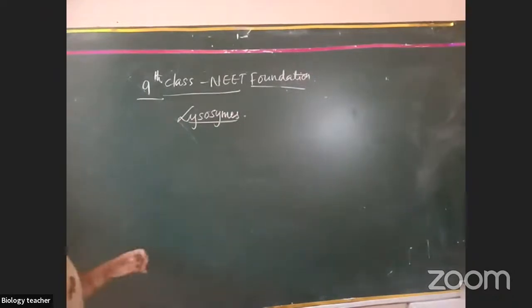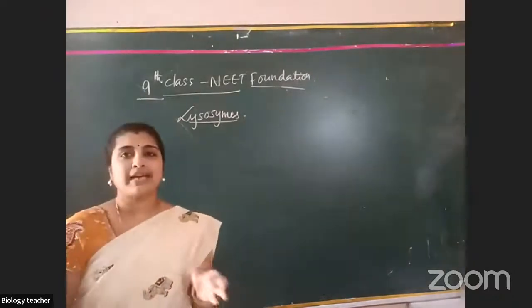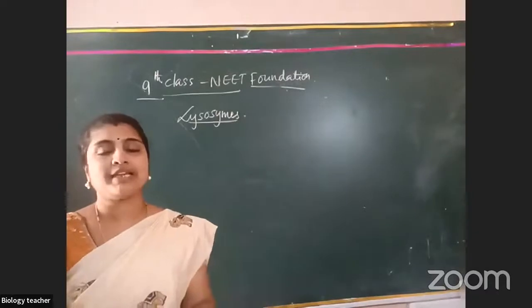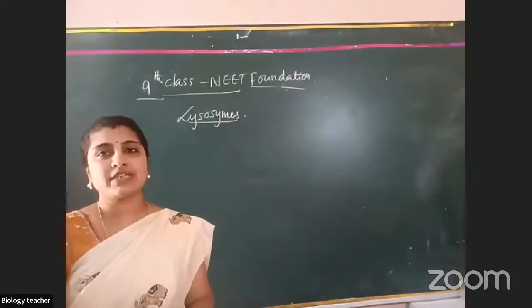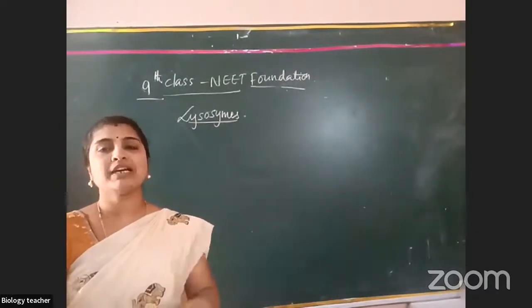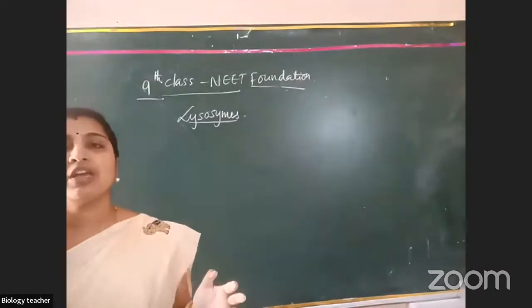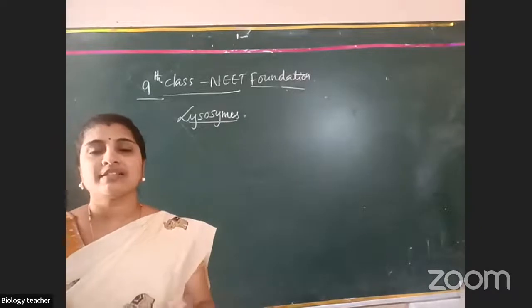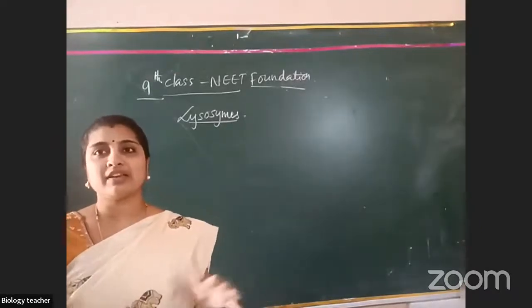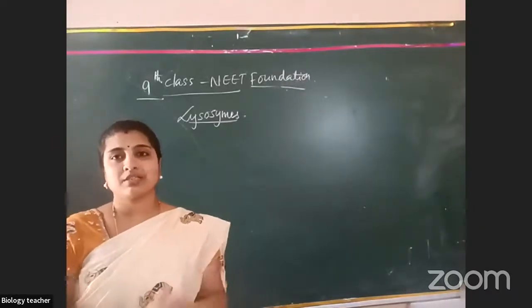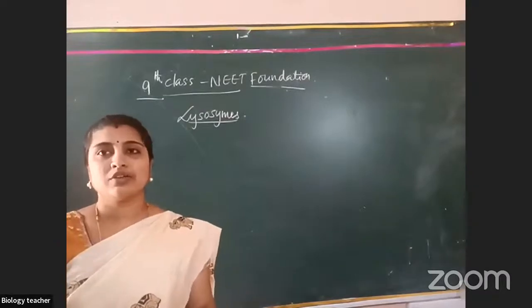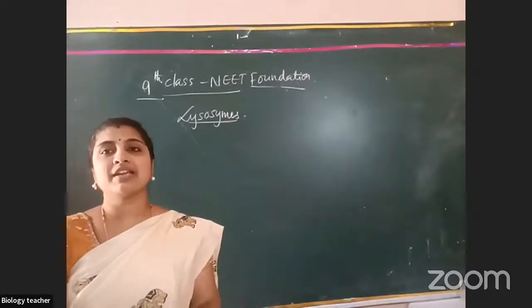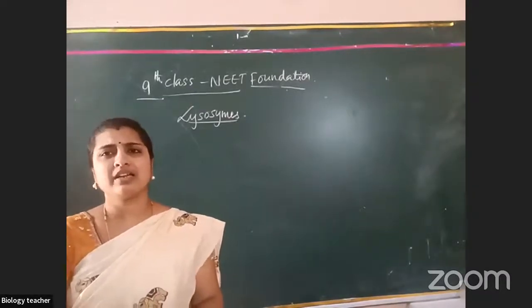Lysozymes. Generally, in biology or any science, the science words are taken from Greek and Latin words. You will see in your textbooks that science and cell are derived from Latin and Greek. Alexander is from Greece, a great leader.